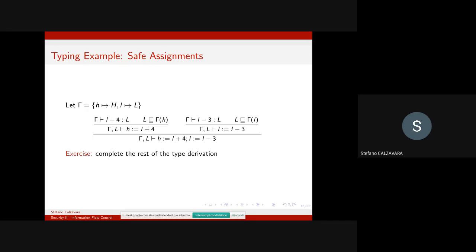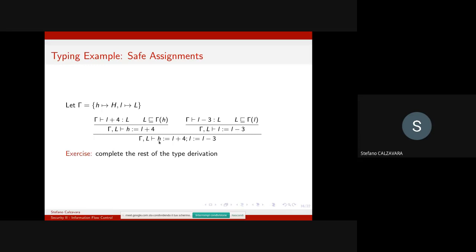And these examples should give you a better understanding of the type rules. Let's assume we make this convention that, as usual, H is a private variable and L is a public variable. Let's assume I want to type check a program like this.